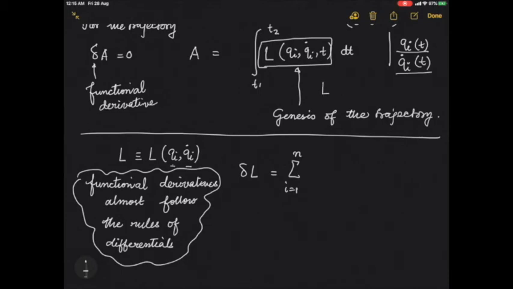Okay, so one point I forgot to mention is that it doesn't matter where I am writing this L. I can write L also in terms of xi and xi dot, which is the Cartesian system. Because it's a scalar function, it has a monogenic form. A scalar is a scalar in all coordinate systems.